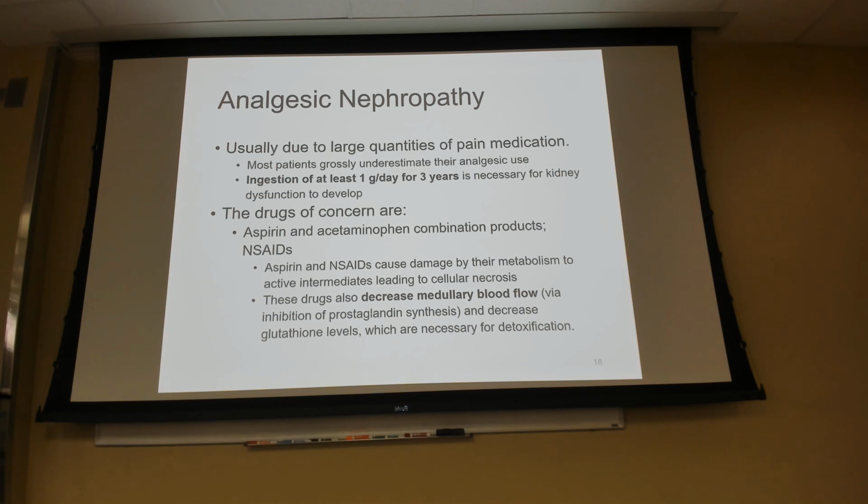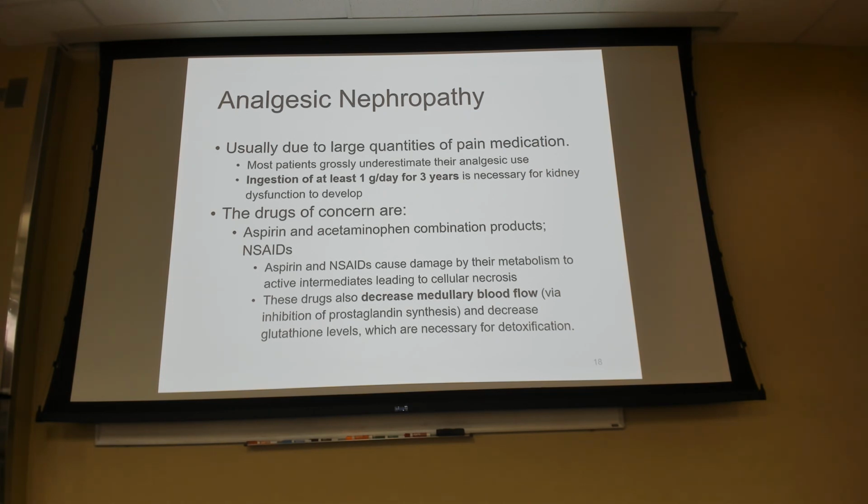Over the course of years and years of that, a patient can produce a relative hypovolemic state in the nephron. Like you can see a relative sort of hypovolemia and institute a kidney disease. Even though acetaminophen is cleared by the liver, acetaminophen combo products can have a problem, like Excedrin Migraine, right?